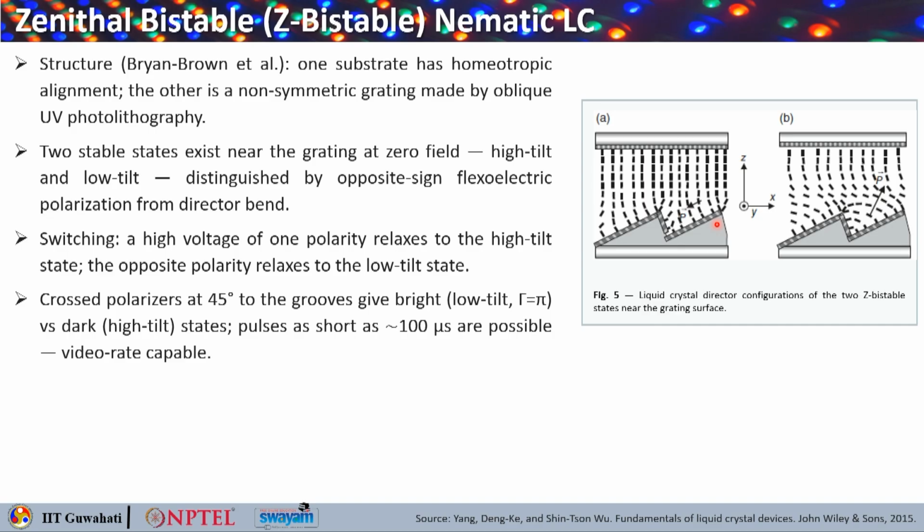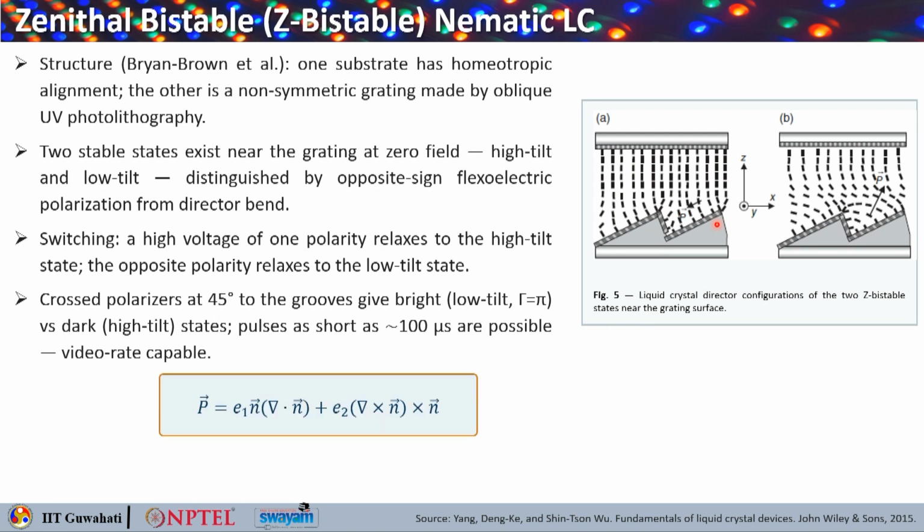That means you are having low tilt, versus the dark state from the high tilt state. Okay, and pulses as short as 100 microsecond are possible in this case also. So you can get a video rate capacity. So this is how the formula looks like.